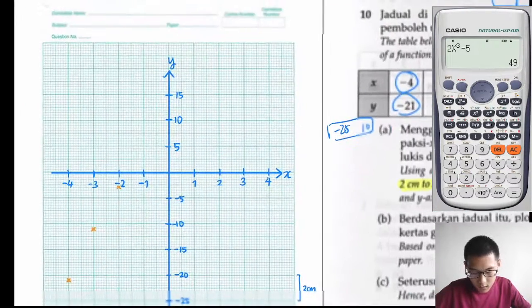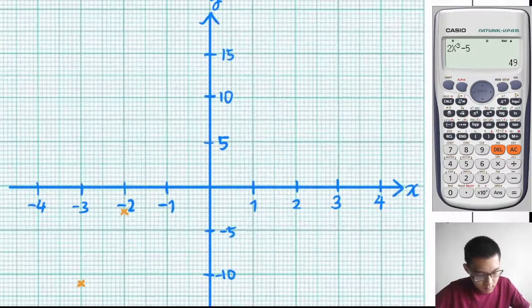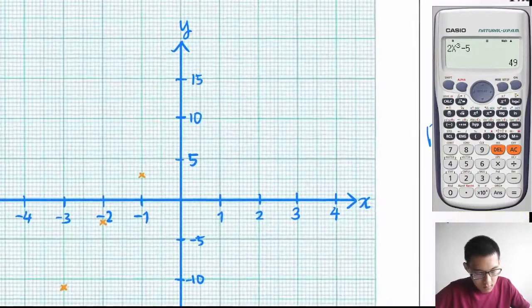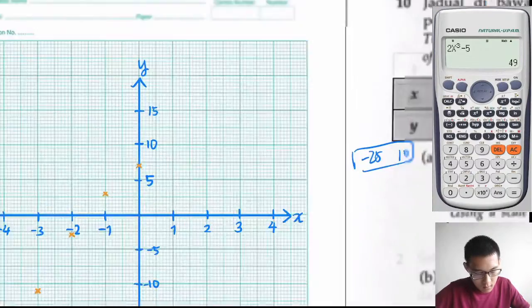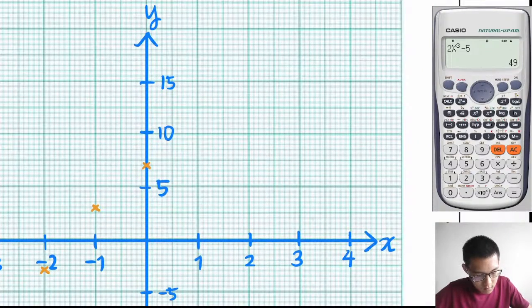If -1 is 3, if 0 is 7, if 1 is 9, 9 is here, 2 also 9, 3 becomes -7.